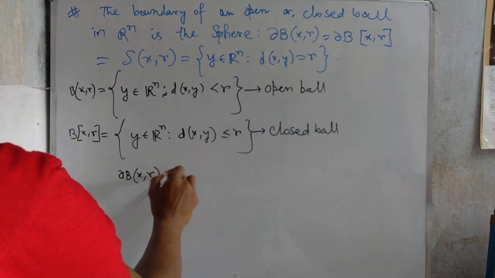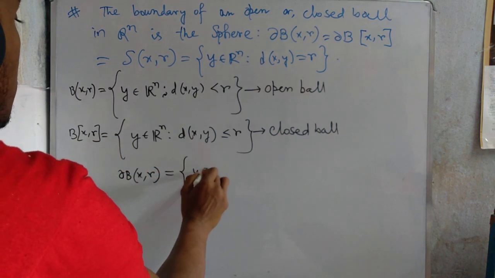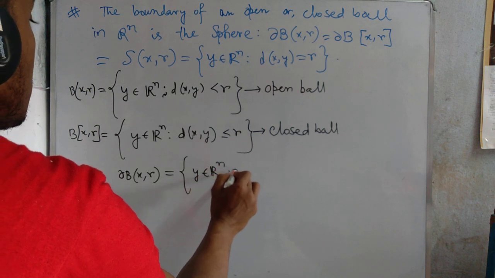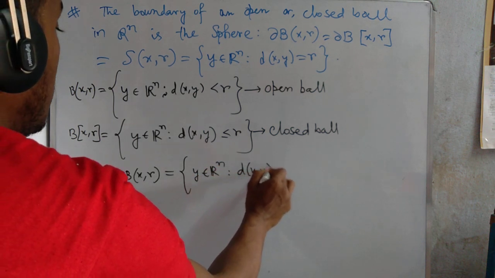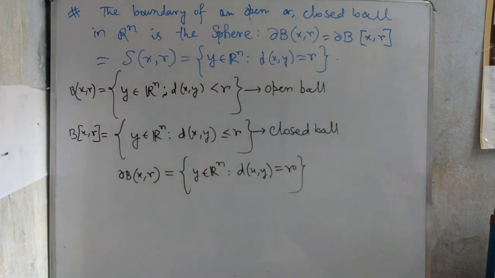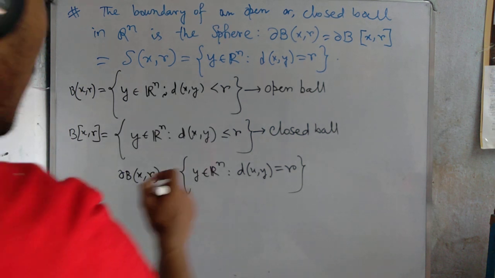Then del B(x, r) is simply the set of y in R^n such that d(x, y) equals r. Why this one?